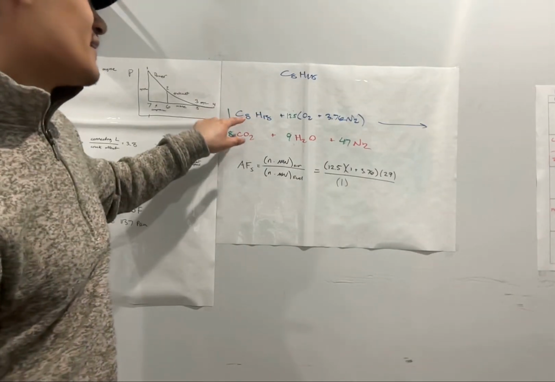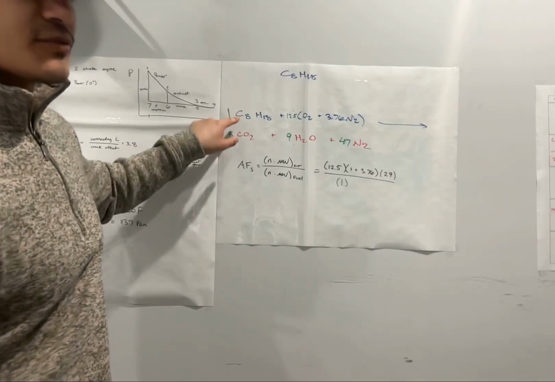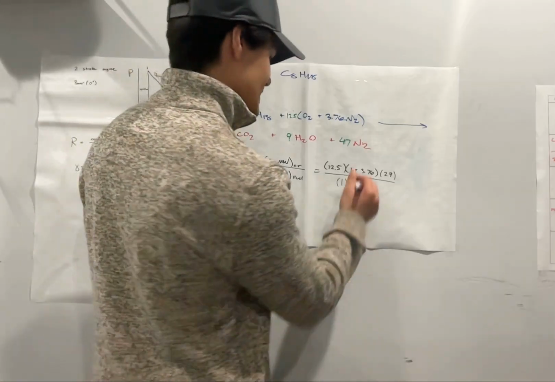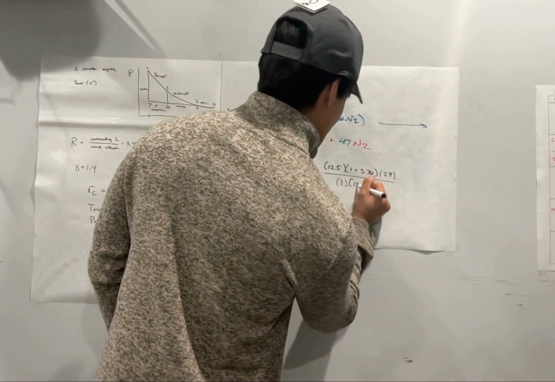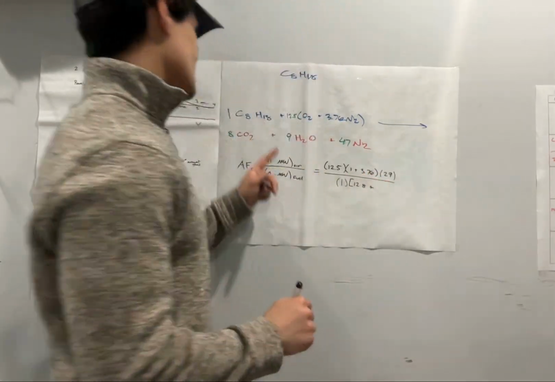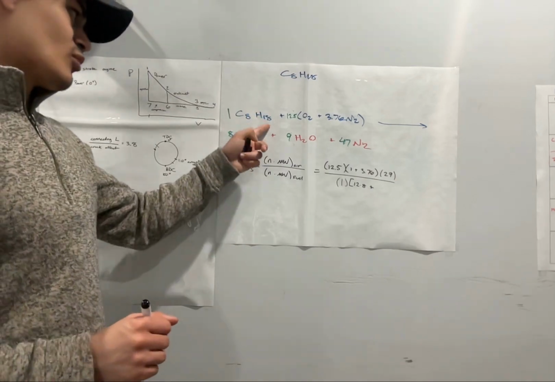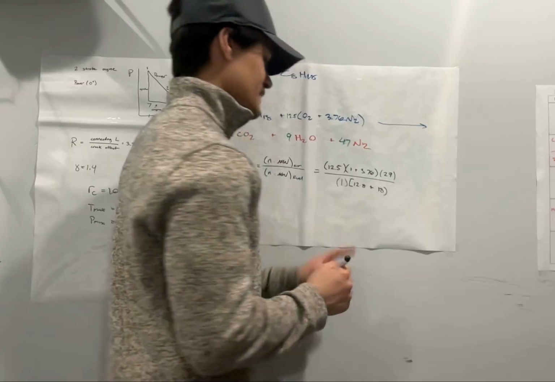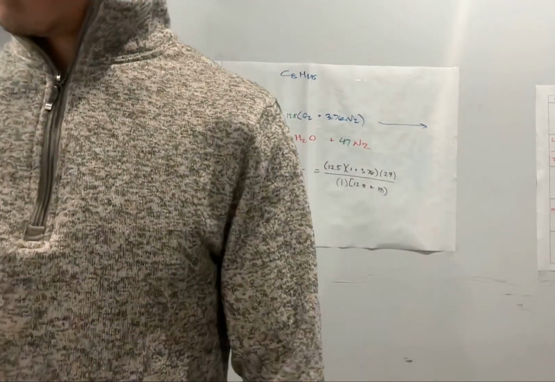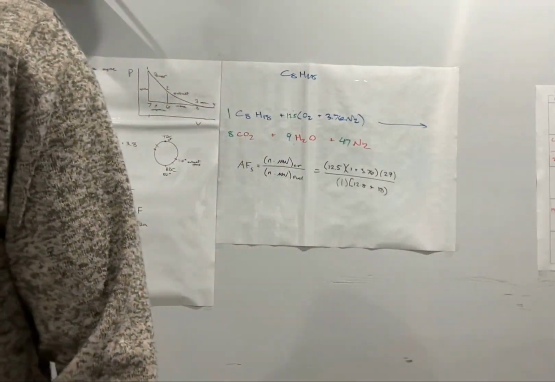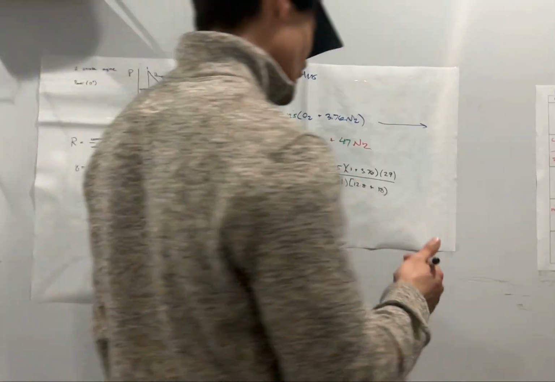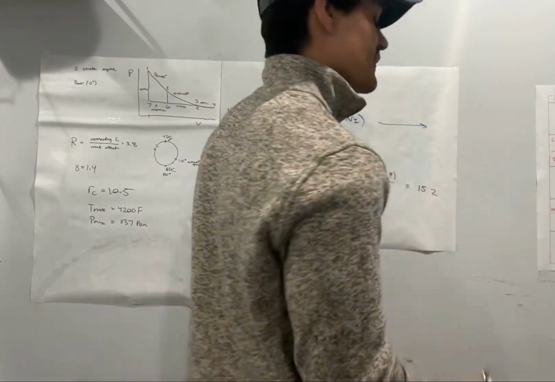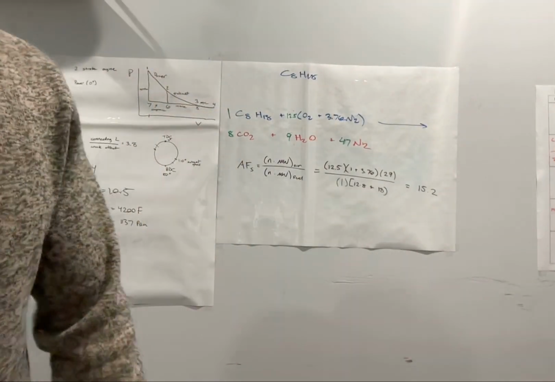So it's going to be 12 times 8 plus 18 times 1, which I think is like 114 at the bottom. Yeah. So if you solve that, you get about 15.2, I think. Right? Yeah. Okay.